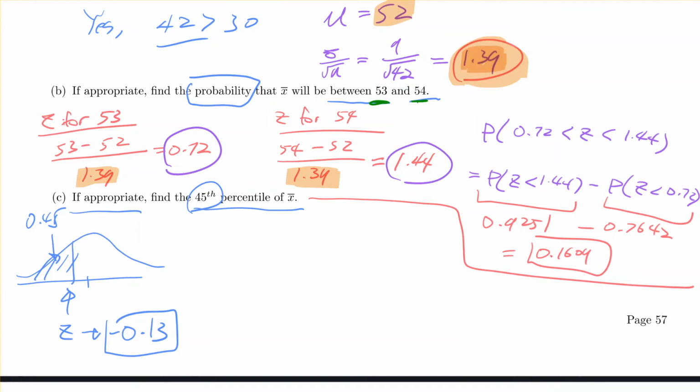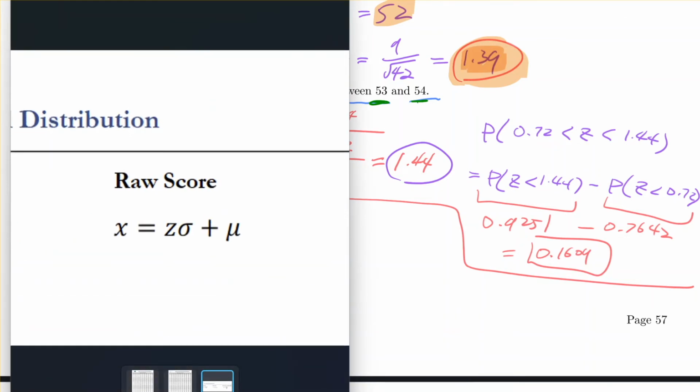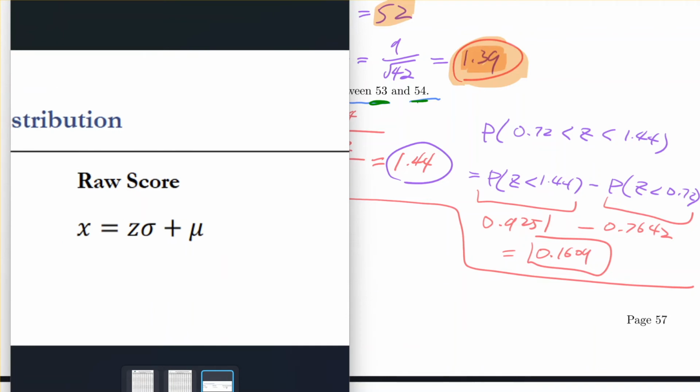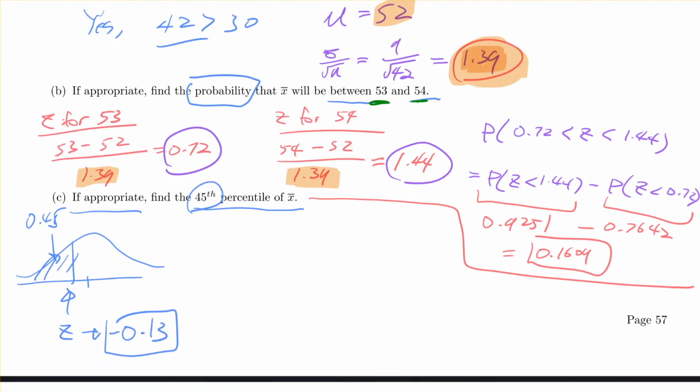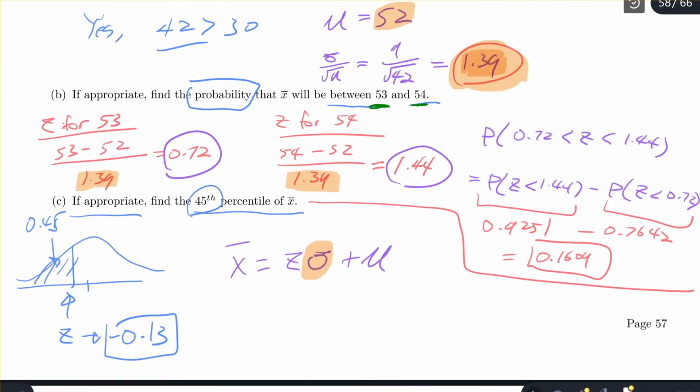So let's use this formula for this problem. This is essentially a raw score problem. Again, we have to be careful with the standard deviation. We're finding x bar: z times standard deviation plus the mean. But this is not the given standard deviation because we're doing sampling. It is 1.39.